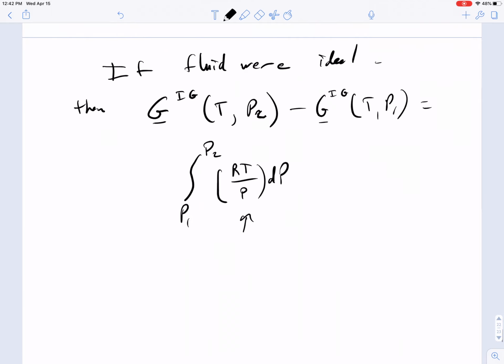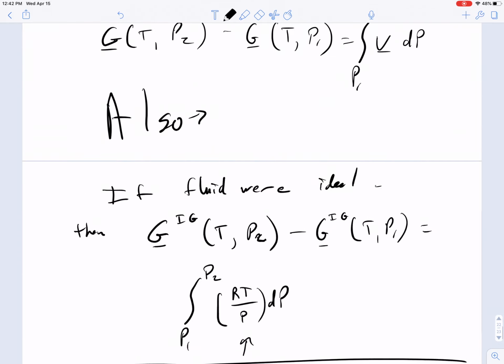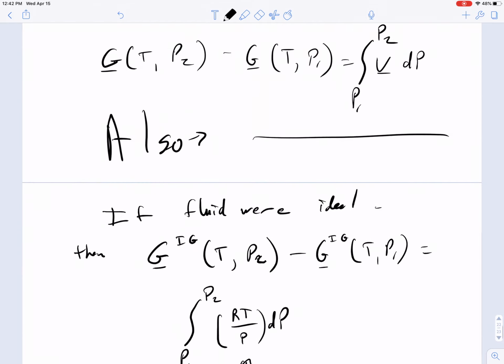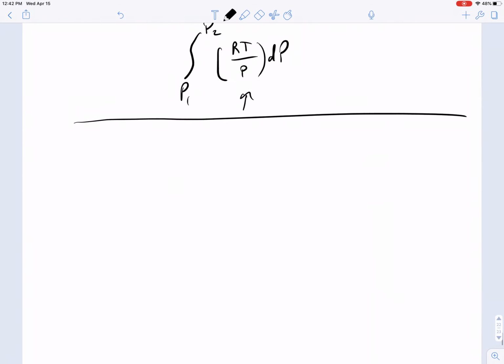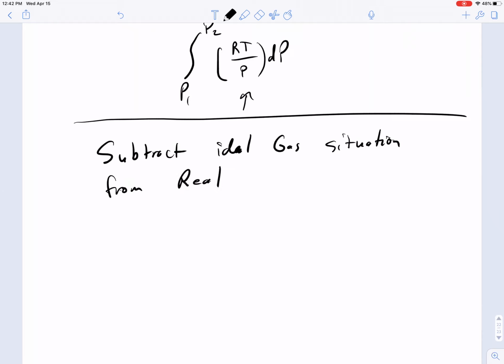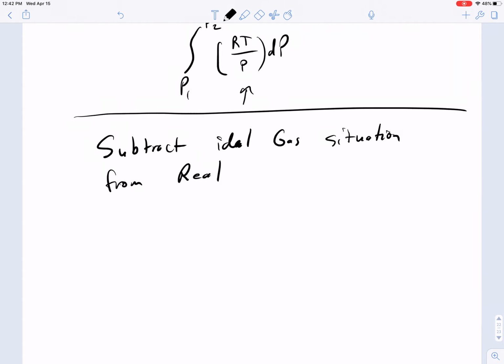So the next step with this term and with this term is to subtract the ideal gas situation from real. This becomes kind of like a departure function. How different is this from an ideal gas?